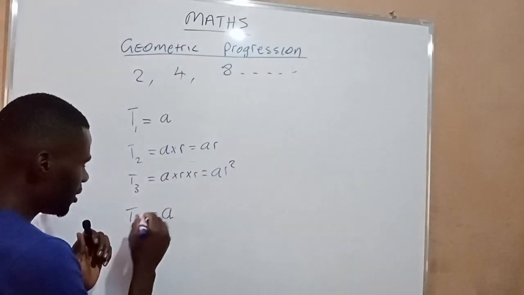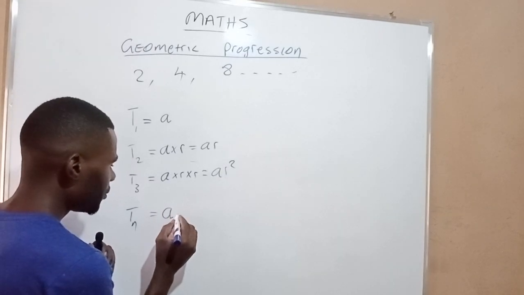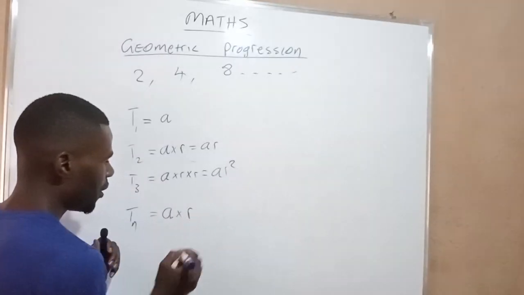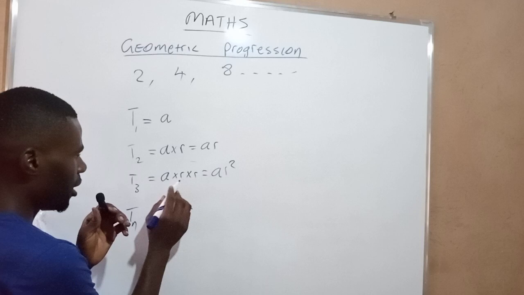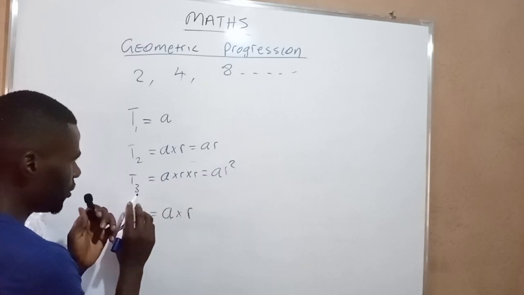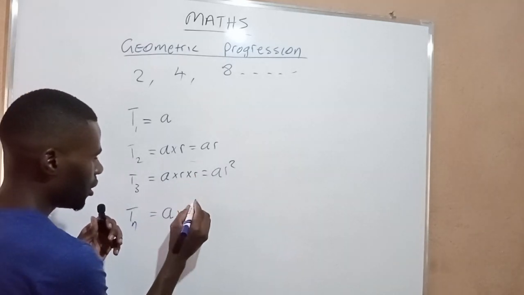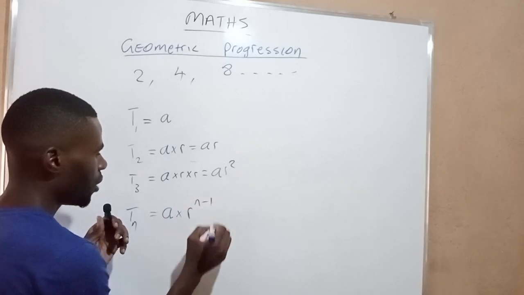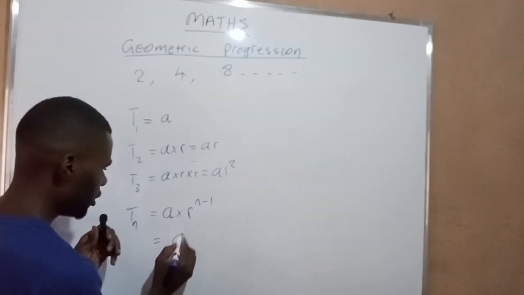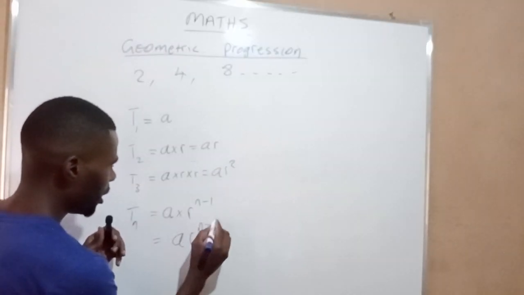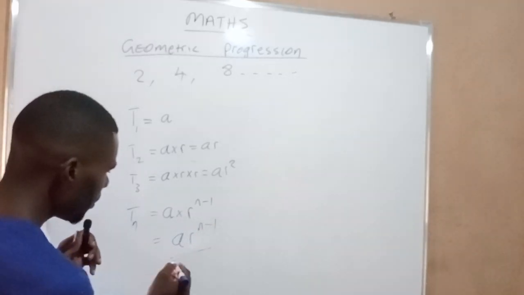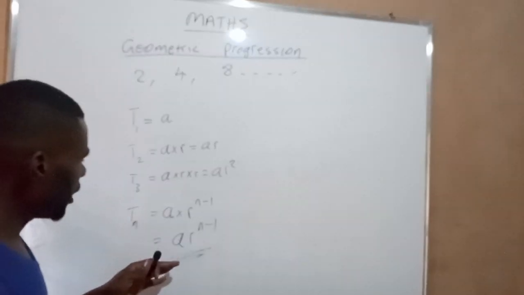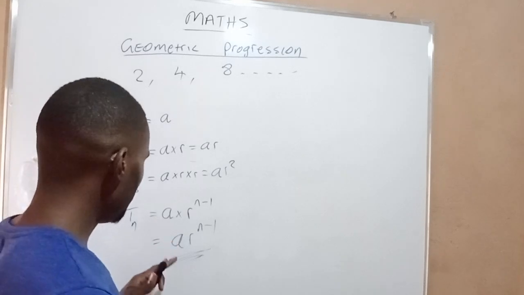So even the nth term that we don't know, we can say this should be times R. So the R's there are reducing. Instead of 3, there are only 2. So there we can say n minus 1, so that the result is AR^(n-1). Using this formula, we can find the term that we want.